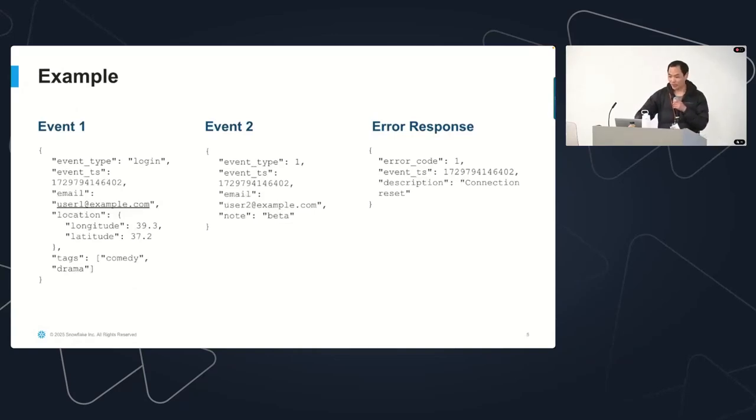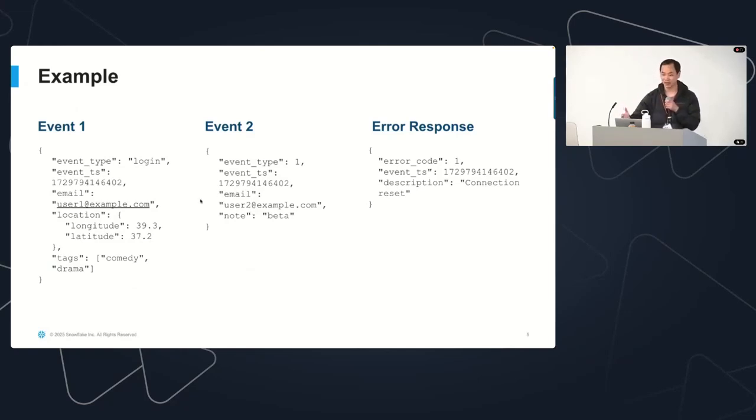Through the talk, maybe I'm going to use these kinds of examples. I'm just going to use some data to show what a variant means. As you can see, we may have different formats, let's say for ingestion applications.